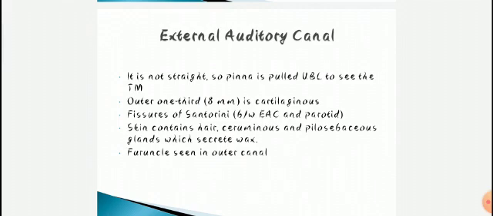External auditory canal is not straight, and its skin contains hair, ceruminous, and pilosebaceous glands which secrete wax. And importantly, whenever patient itches in the canal, it creates furuncle which is very painful.